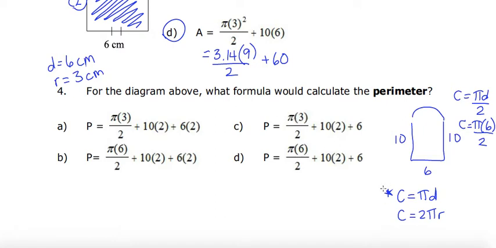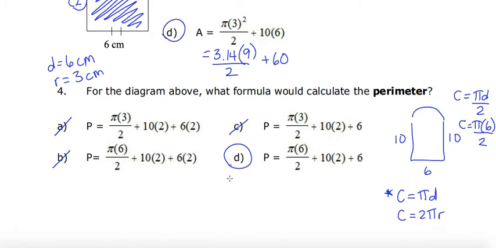So any of the ones that have a 3 in place for the diameter, I can cross those out. So I'm left with just these 2 at the bottom here. I know that I have 2 times 10 because I have 2 sides of my shape that are 10, but I only have one side that is 6, so I can get rid of b because b shows 6 times 2. I only have one of those dimensions, so d is the formula that you're going to use.